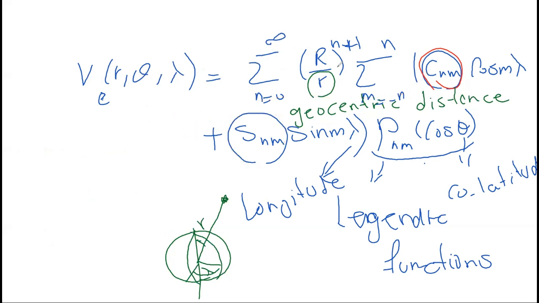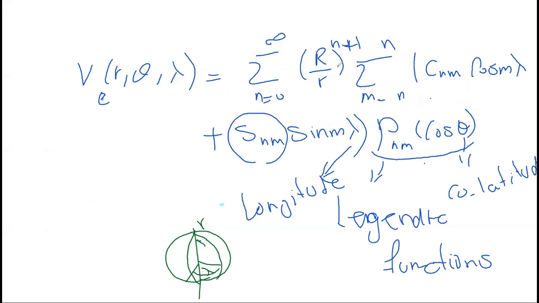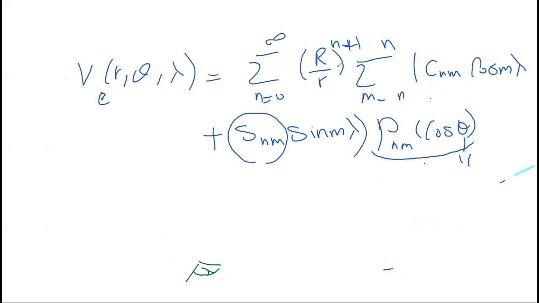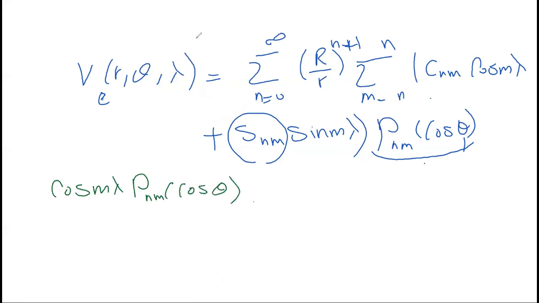So the red one here, I call cosine m lambda P_nm cosine theta Y_nm, theta and lambda.